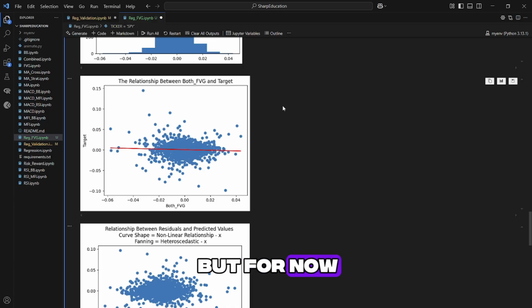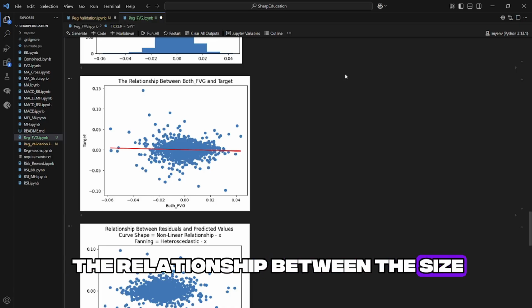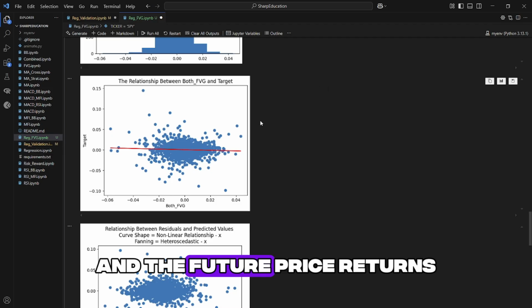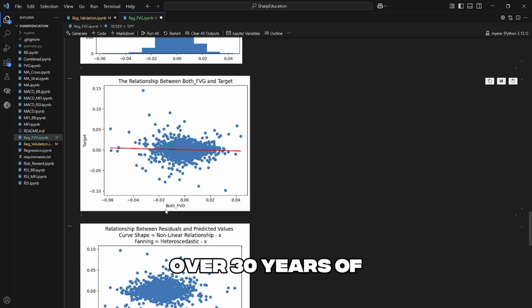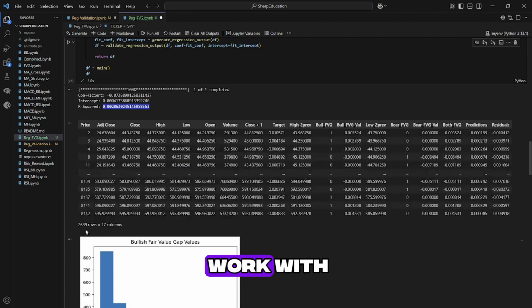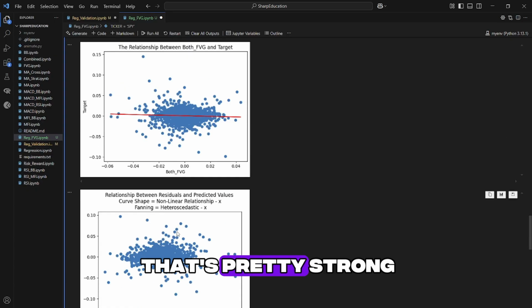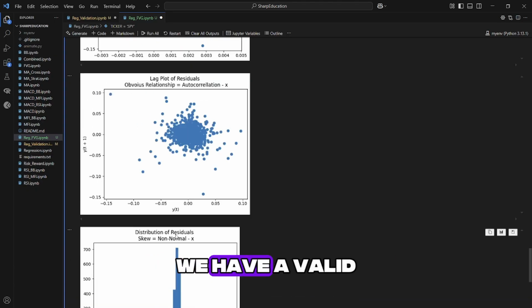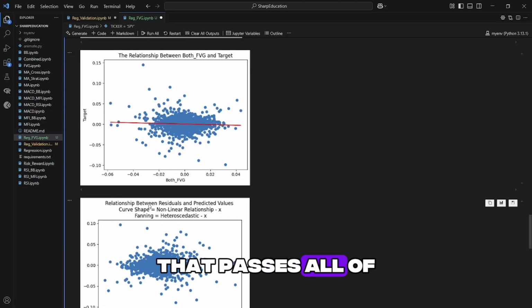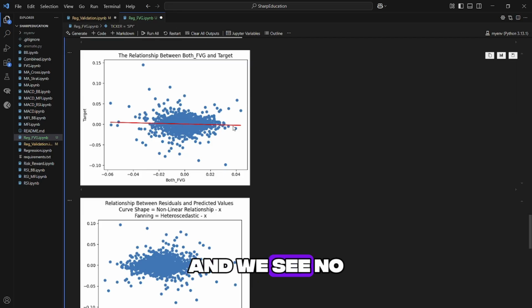But for now, we can see the relationship between the size of the fair value gap and the future price returns over 30 years of S&P 500 data. How many instances do we have to work with? We've got 2,639 observations. That's pretty strong. We have a valid regression test that passes all of the tests, and we see no real relationship.